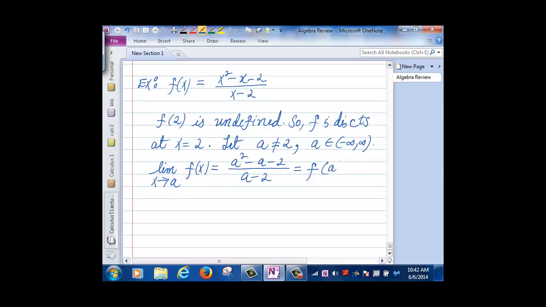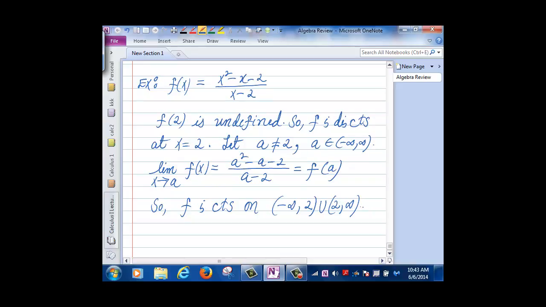So the limit of the function at any other point besides 2 is the same as the value of the function at that point, and there are no other discontinuities. So f is continuous on negative infinity up to 2 and then 2 to infinity.